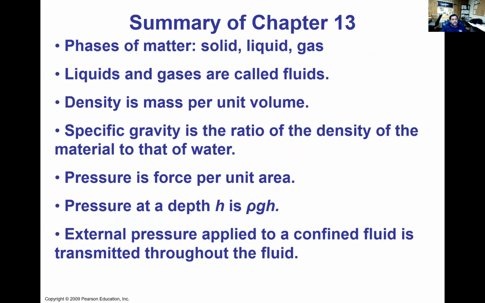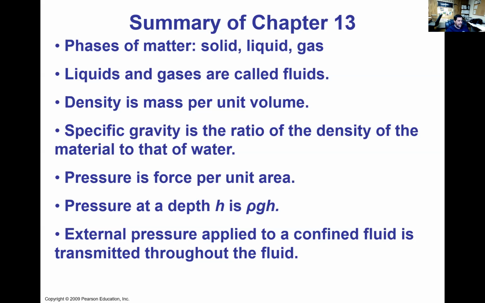So to summarize chapter 13, there are 3 main phases of matter that we talk about: solids, liquids, and gases. Again, yes, plasma is a thing, but for the purposes of this, we're not really going to discuss it. Liquids and gases are called fluids. Density is mass per unit volume. Specific gravity is the ratio of the density of some material to that of water. Pressure is force per unit area.